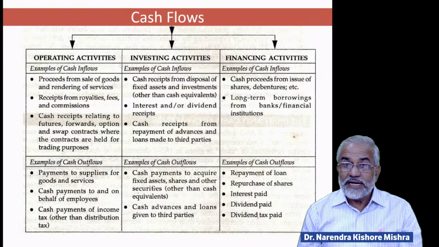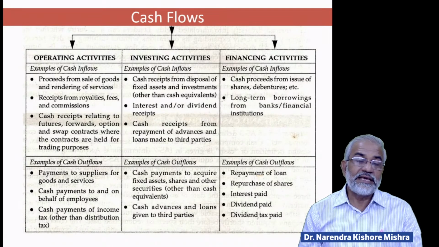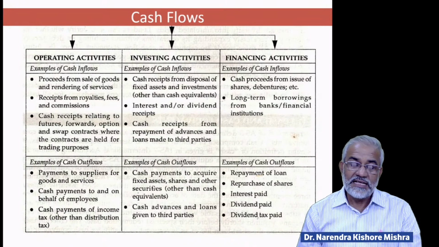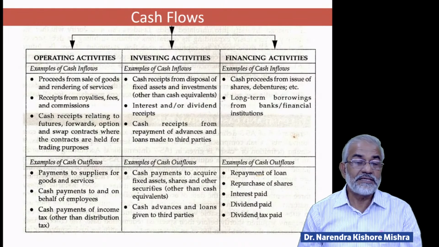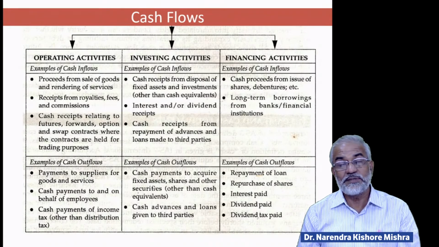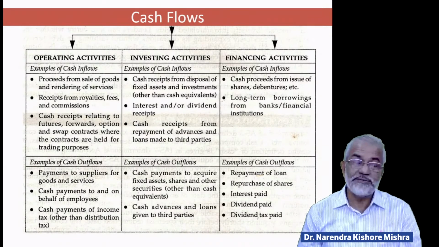When preparing the cash flow from operating activities in the direct method, we take all the items of revenues into account and all the items of expenses into account, instead of taking the net profit or the net result of the profit and loss account as the basis for preparation of the cash flow statement. All the individual items of incomes and expenses are taken into consideration, and that is called the direct method for preparation of the cash flow statement under operating activities.